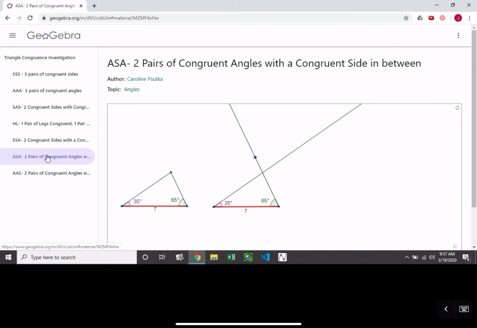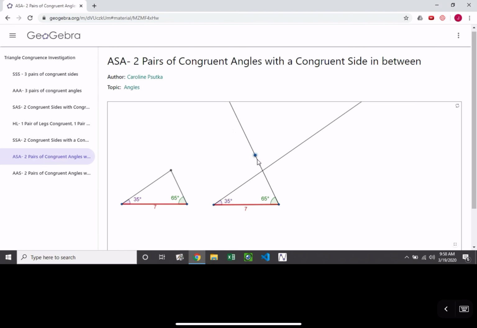Next one on our list is angle side angle, two pairs of congruent angles with a congruent side between. All right, so 7 is my between, and then the two angles are 35 degrees and 65 degrees. So, yeah, I can change the side length, but they always are going to intercept, right?